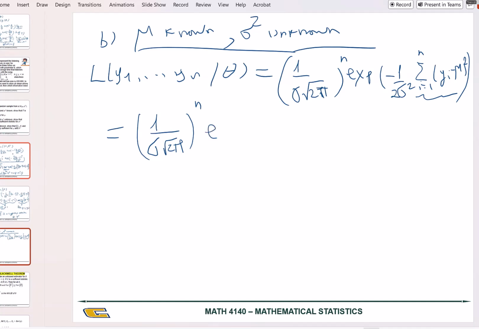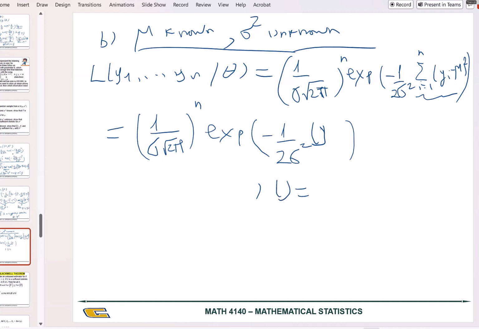Even better, the exponential of t, maybe say u, I put small u here, where u equals the summation of i from 1 to n of y i subtract mu, square.